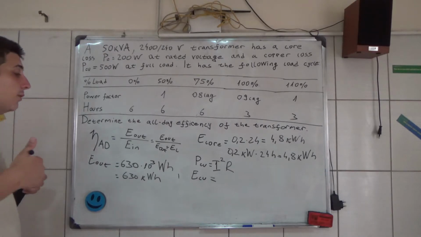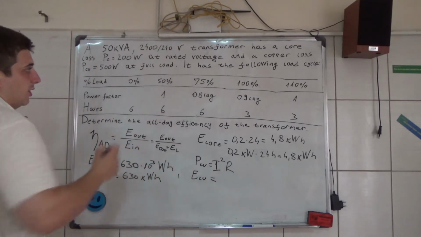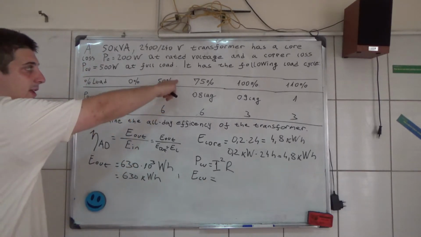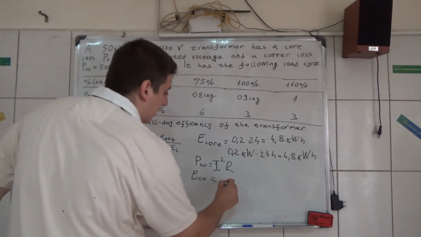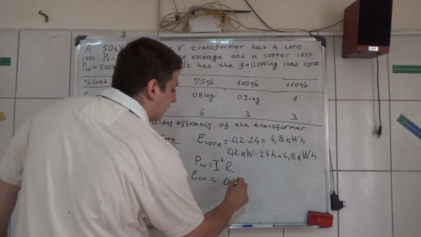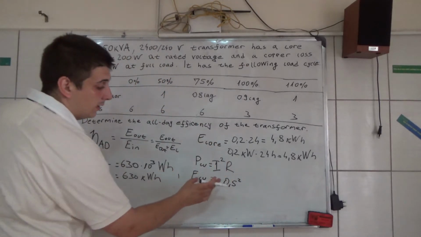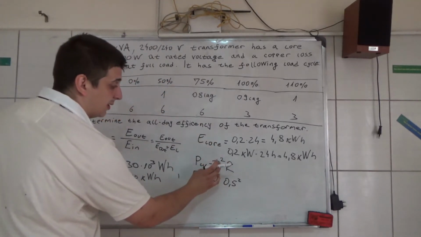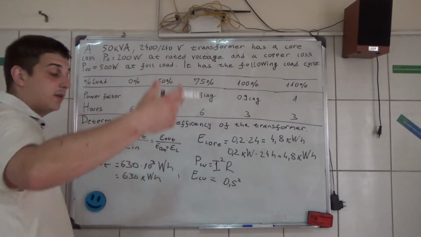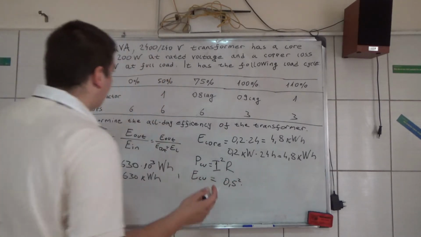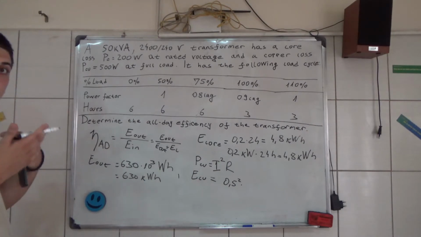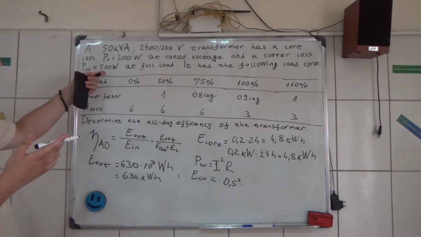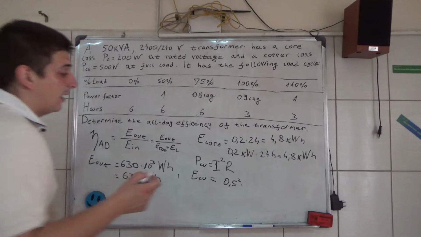I hope you understand why. Now, in this situation, we have 50% of the current, then we are going to write down 0.5 squared, because the copper losses depend on the current but squared. Now, times the rated copper power loss, that is 0.5 kilowatt.